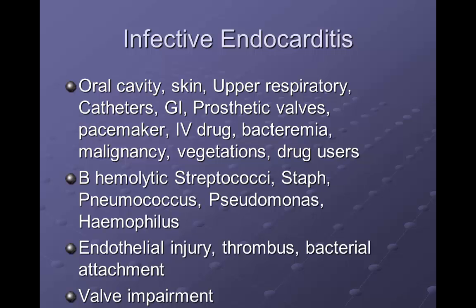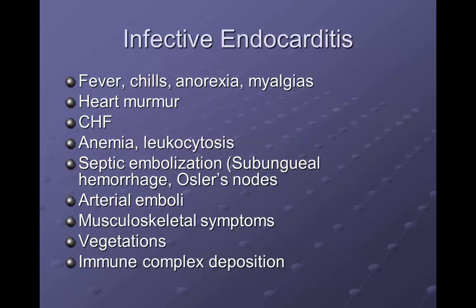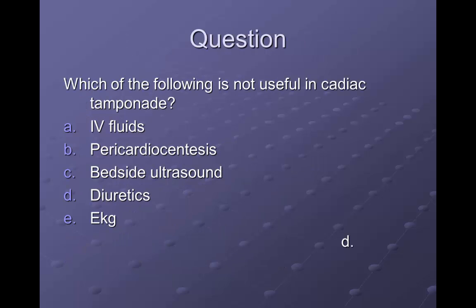So patients that have oral cavities, skin, open respiratory catheters, GI, prosthetic valves, pacemaker, IV drug abusers, bacteremia. Again, this is basically reviewing the etiologies, that an injury, a thrombi, could produce this, or the signs and symptoms that we already went over.